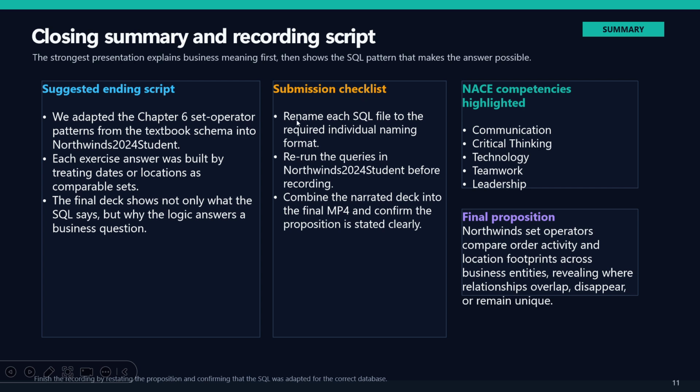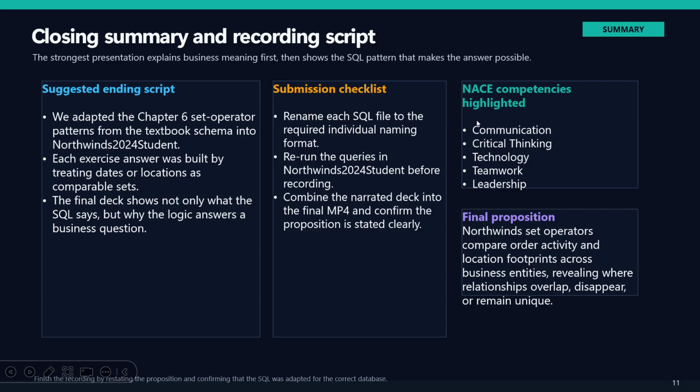Submission checklist. Rename each SQL file to the required individual naming format. Rerun the queries in the Northwind 2024 student database before recording. Compare the narrative deck to the final MP4 and confirm the proposition is stated clearly.